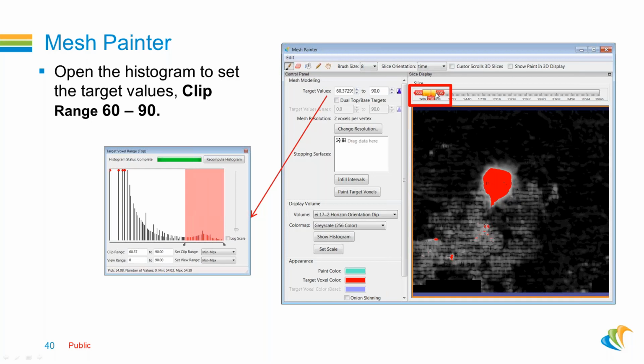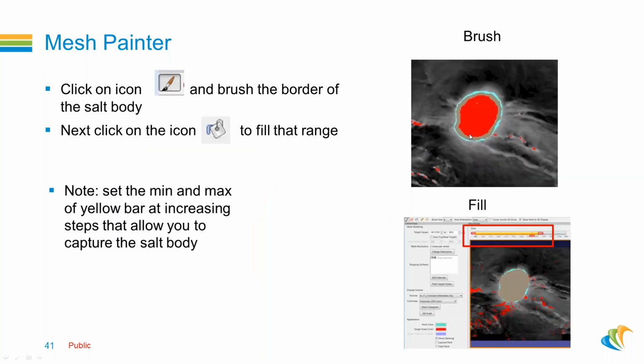You see that the slider is a little bit small. What you have to do here is just paint the border of your salt boundary and then fill that, and it will fill in that level. And then you need to go back to the slider, move a little bit, and repeat the process.